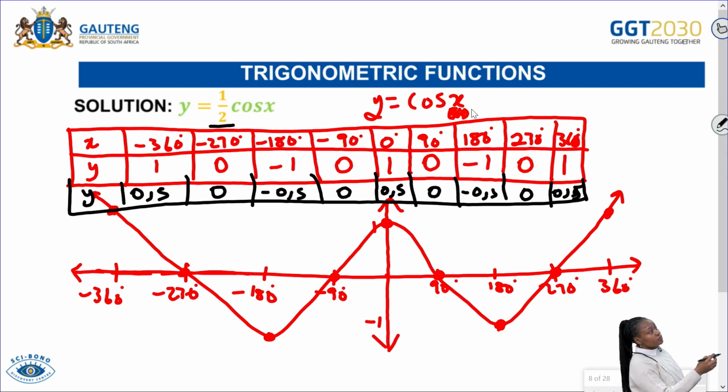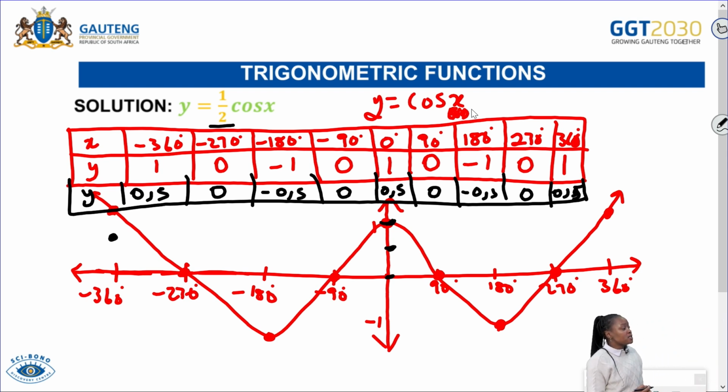Okay, so when x is negative 360, I'll have my value of y as 0.5. 0.5 is going to be in between 1 and 0. So we can say somewhere here I have my 0.5. So at negative 360, it's going to be somewhere there, just between 0 and 1.